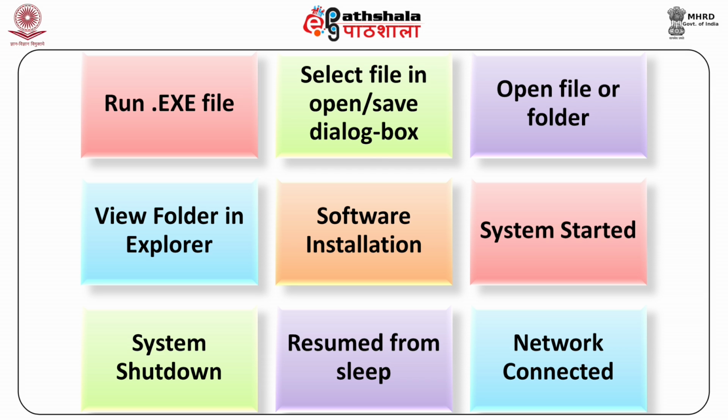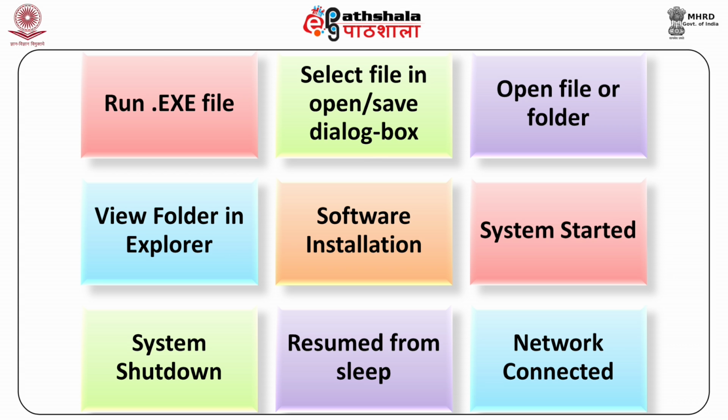Next is open file or folder. The user can open a specified file name from Windows Explorer or from any other software. Next is view folder in Explorer. The user can view a specified folder in Windows Explorer.